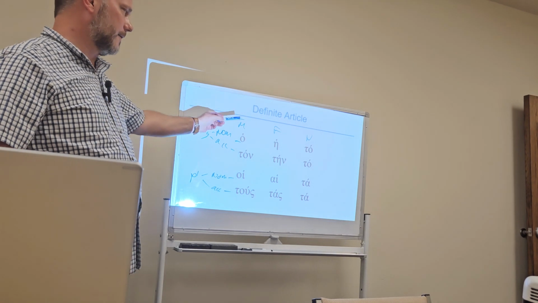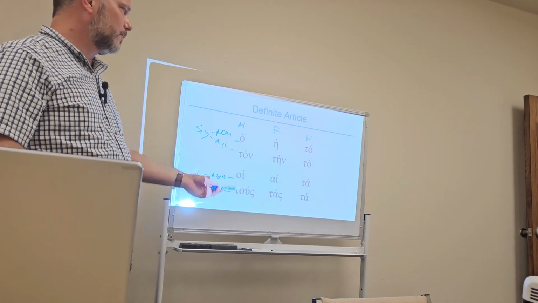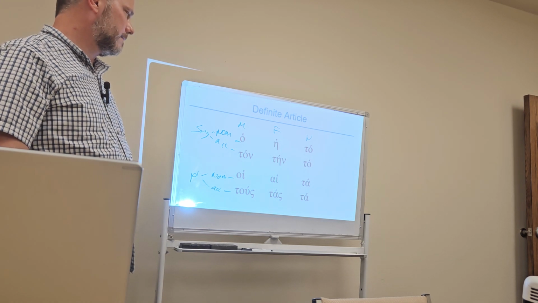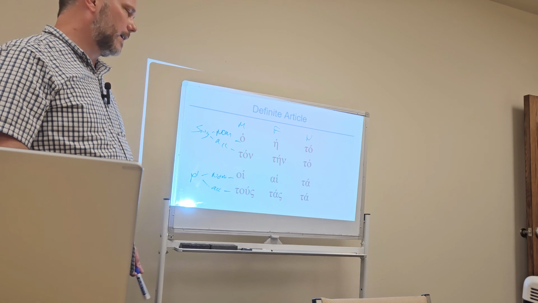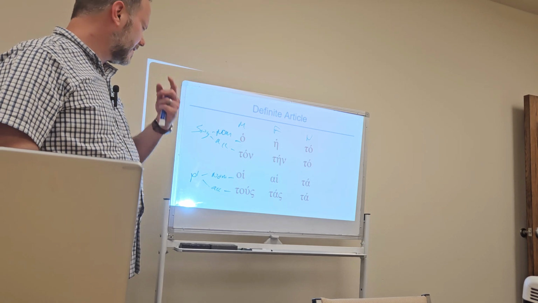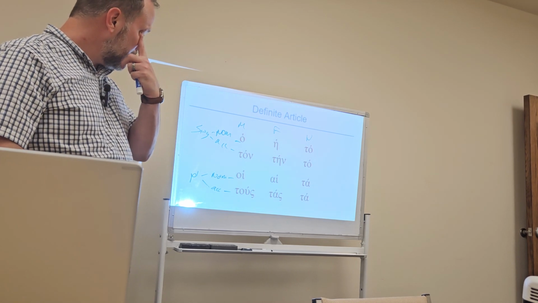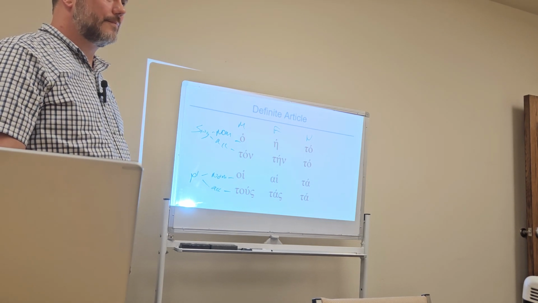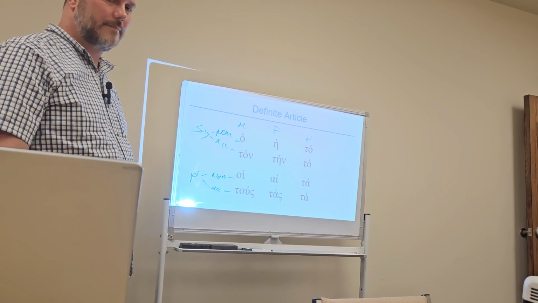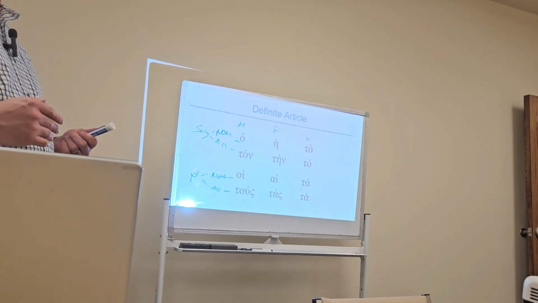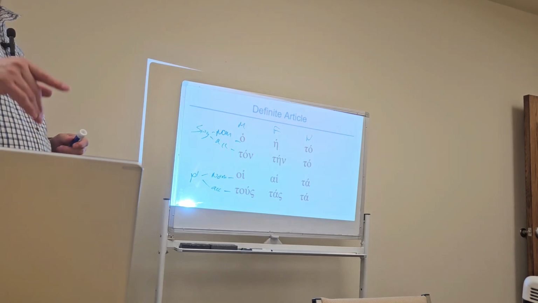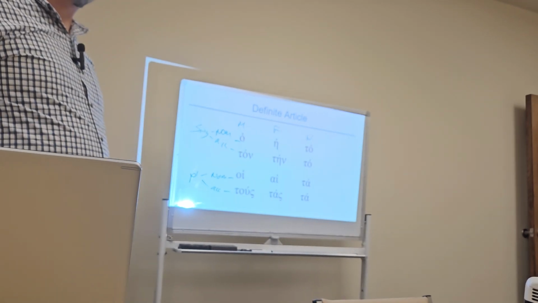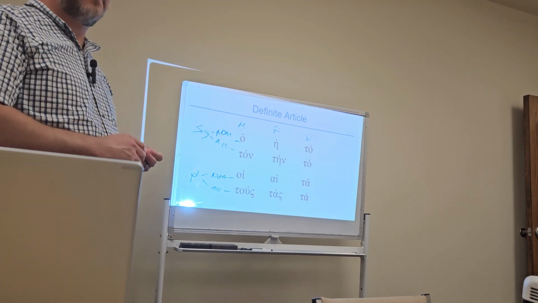So, and then you'd have he graphe, ten graphen, to ergon, ta erga. And mind you, we still have two more cases left, so this paradigm actually stretches down to here, which we'll get one little bite at a time.